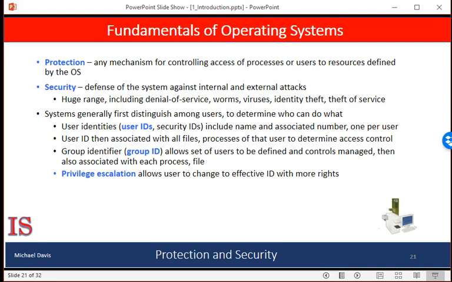Protection and security require that the system be able to distinguish among its users. Most operating systems maintain a list of user names and associated user identifiers. In Windows, this is a security ID, SID. These numerical IDs are unique, one per user. When a user logs into the system, the authentication stage determines the appropriate user ID for the user.